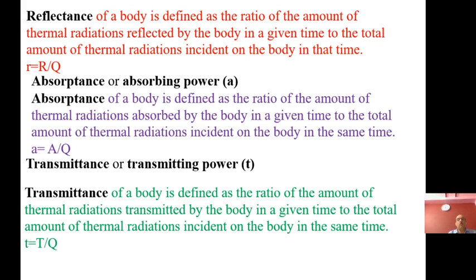It is the ratio of the amount of thermal radiation transmitted by the body in a given time to the total amount of thermal radiation on the body in the same time. So we get R plus A plus T is equal to 1.